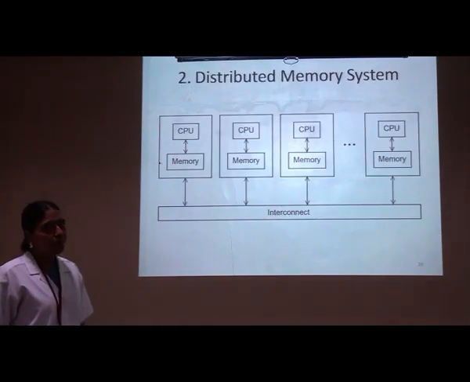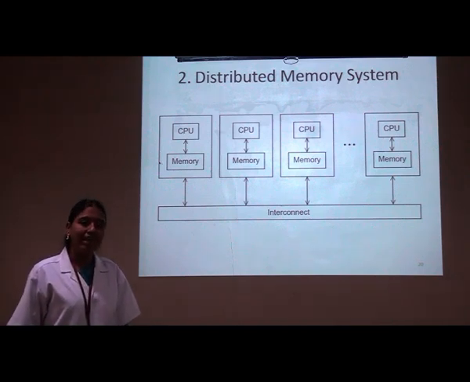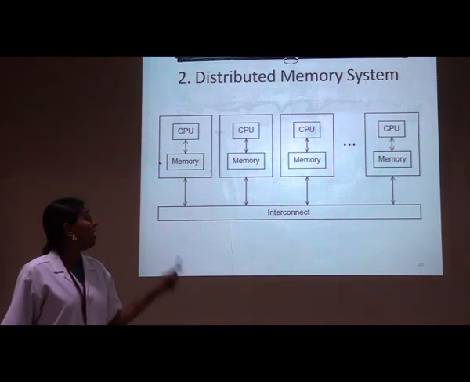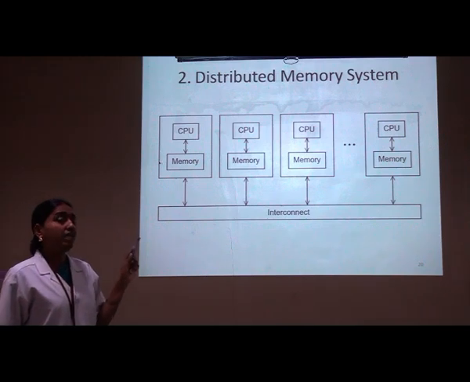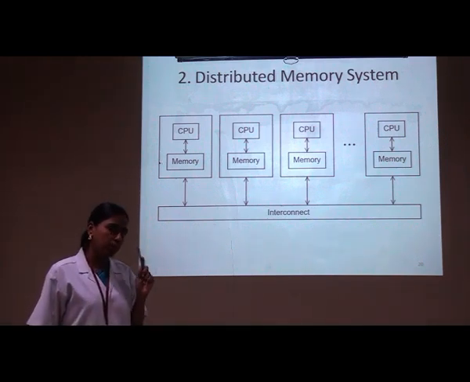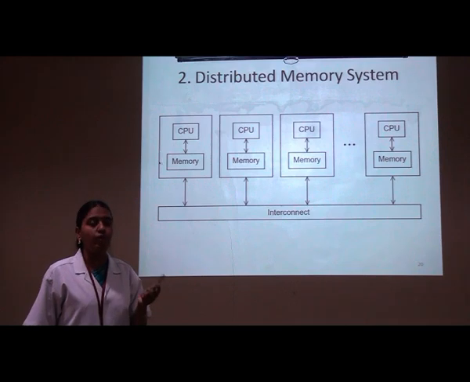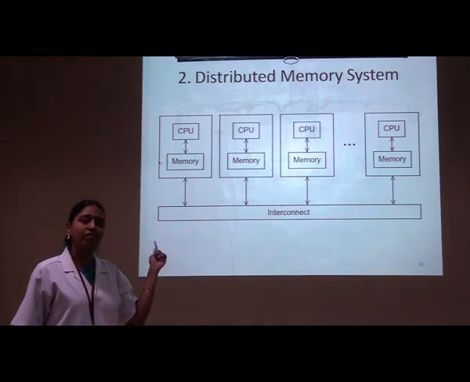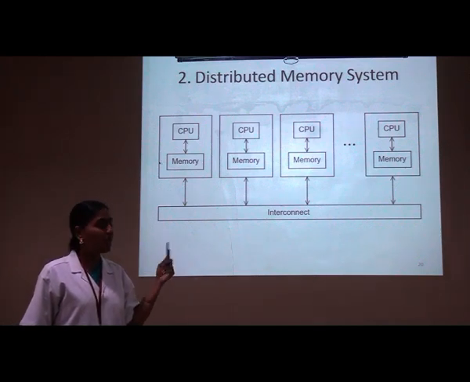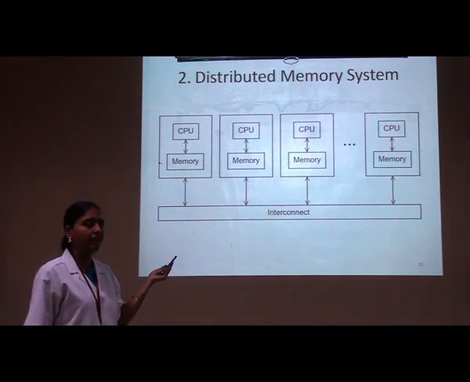Next comes the distributed memory system. Here the main principle is that each and every core, that is each CPU chip, has its own memory, meaning its own main memory. All the cores will again be connected with the help of an interconnect. We are next going to discuss interconnect networks.